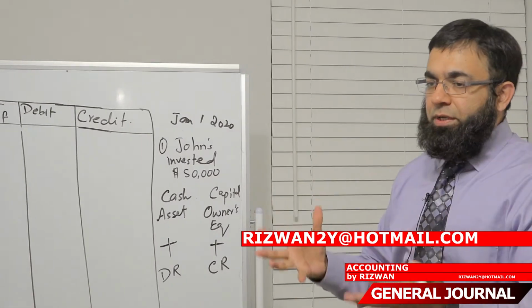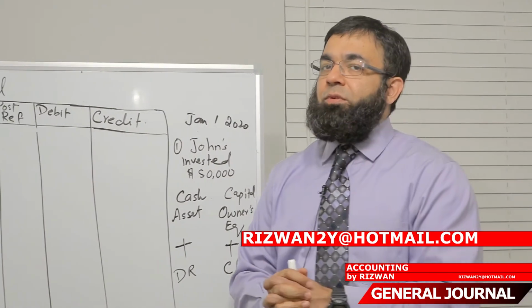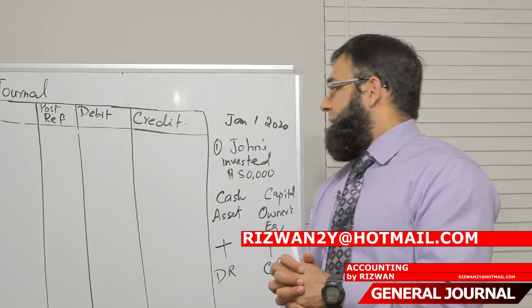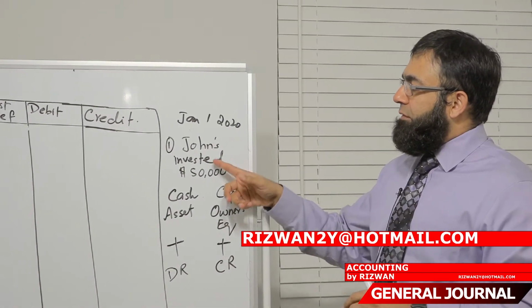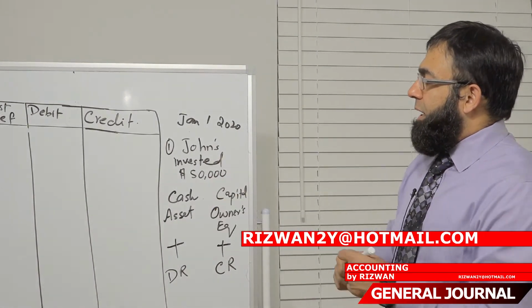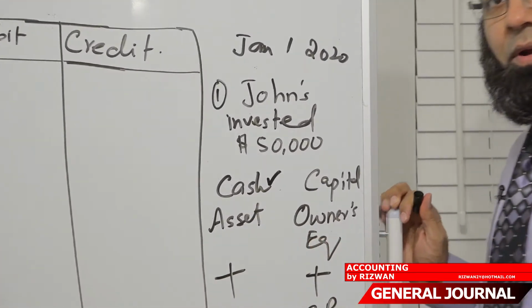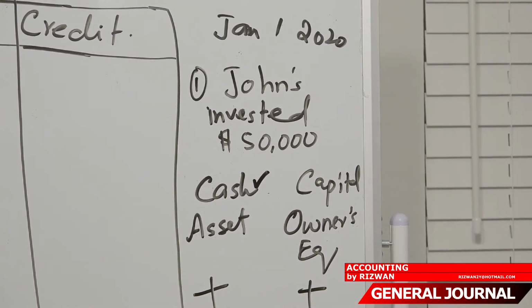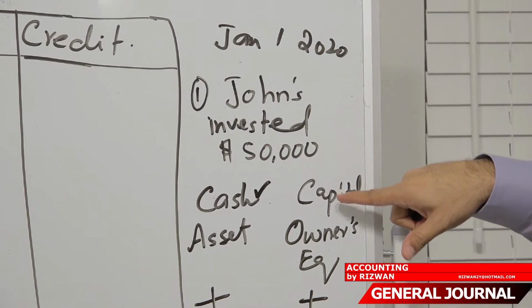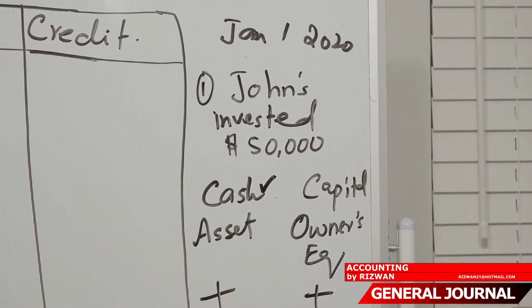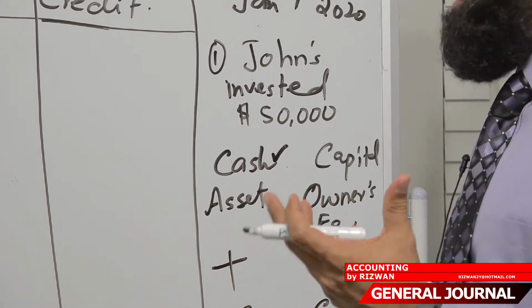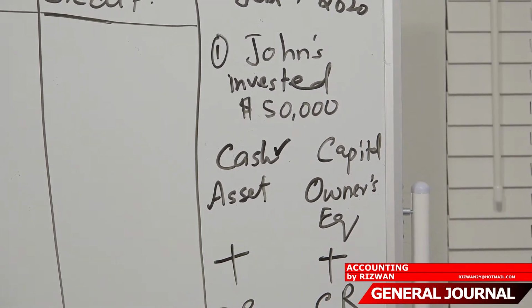There are some keywords that you need to realize when the transaction occurred. John invested $50,000 over here. So cash will be affected. That's one account that will be affected. And the second account that will be affected is capital, guys. When I used to teach accounting, I always said you need to pick up some keywords.